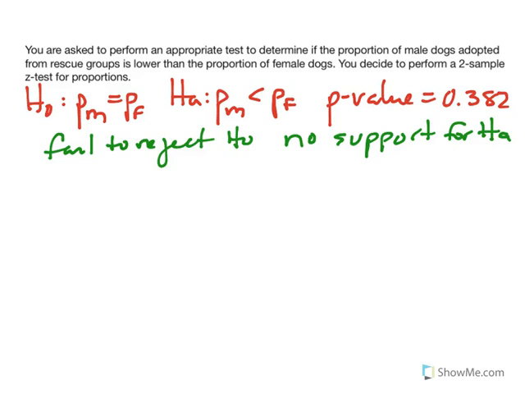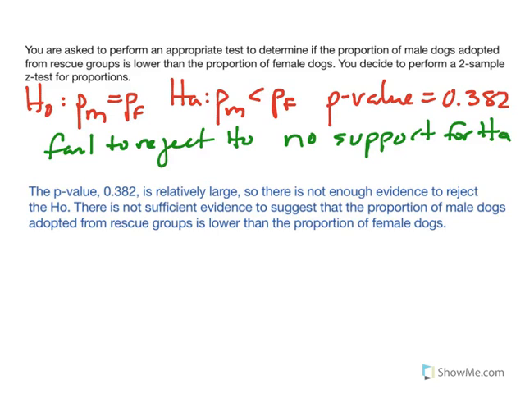So you might pause a minute and try writing it yourself, and I'm going to show you my version. My conclusion is the p-value, 0.382, is relatively large, so there's not enough evidence to reject the null hypothesis. There is not sufficient evidence to suggest that the proportion of male dogs adopted from rescue groups is lower than the proportion of female dogs.